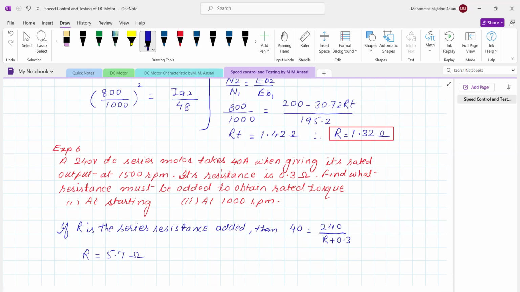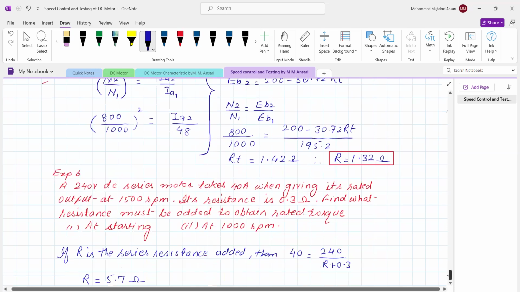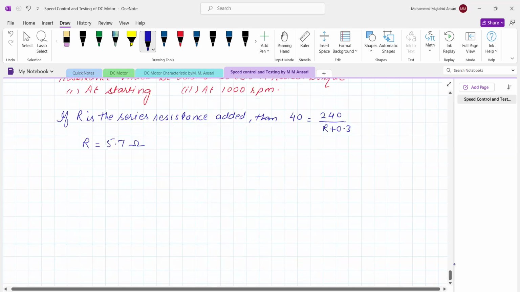Now the current remains the same, as it is given. Current remaining constant.